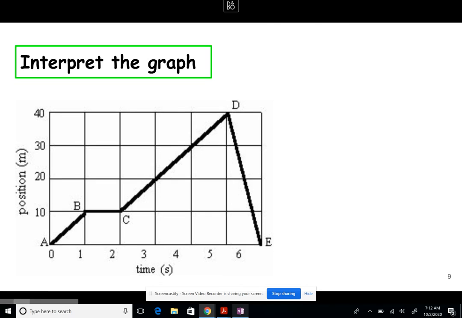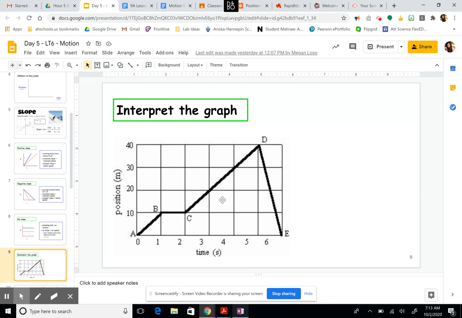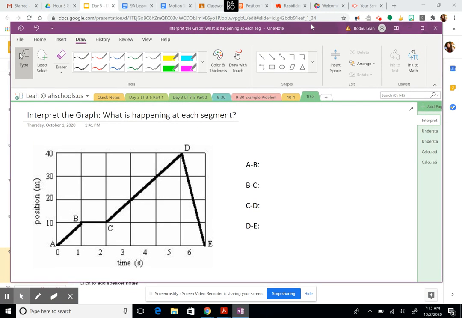I'm going to switch here to OneNote. All right, so let's take a look at this graph here. Let's interpret it. Let's talk about what is happening at each segment of the graph.